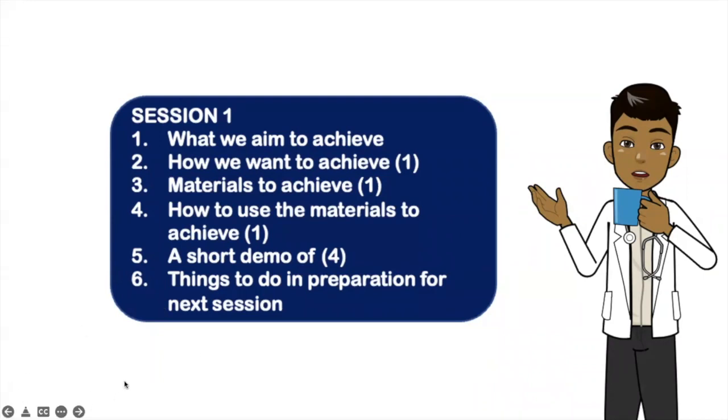How we want to achieve this is by these tutorials, and the materials to achieve this, which are the resources already available on our PCs, and how we use these materials to achieve this outcome, and then a demonstration of how we will go about this. And number 6, things to do in preparation for the next session.